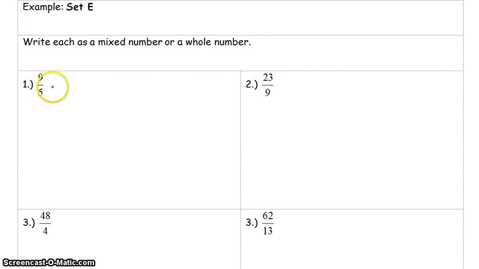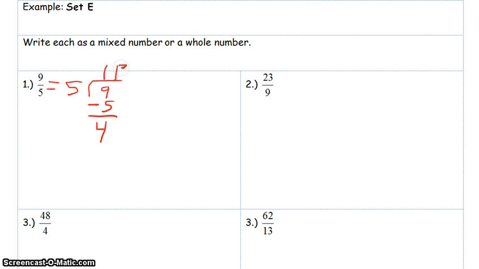Now, we come here to problem number 1. We want to change this to a mixed number because the direction says write each as a mixed number or a whole number. So, we change this to a traditional division problem. We will have 5 goes into 9 one time. 9 minus 5 is 4.